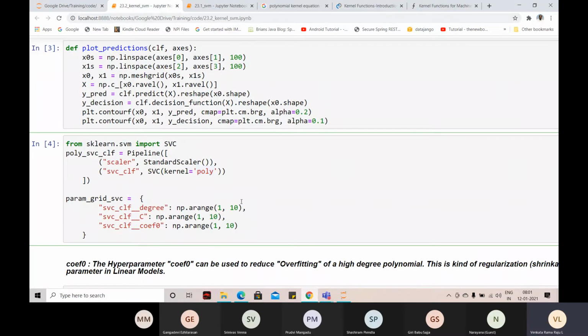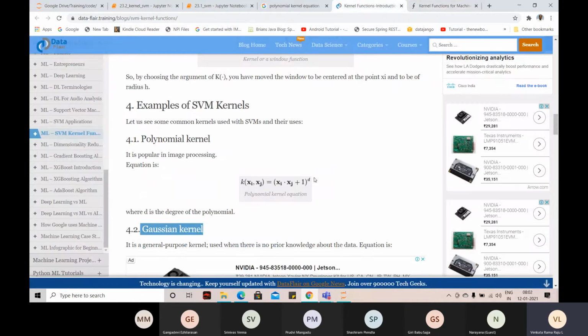If you want to use the RBF kernel, you need to specify RBF here. These hyperparameters are there in the API; you look at it. Then I am passing degree from 1 to 9, C parameter 1 to 9, and coef0. There is a parameter called coef0 for poly, from 1 to 9.